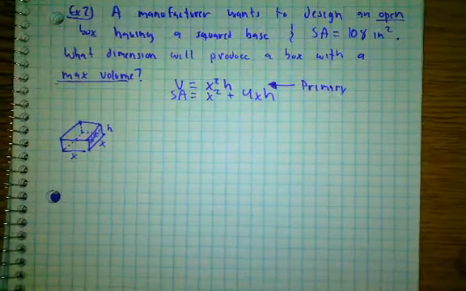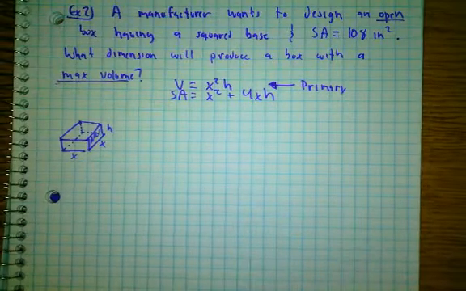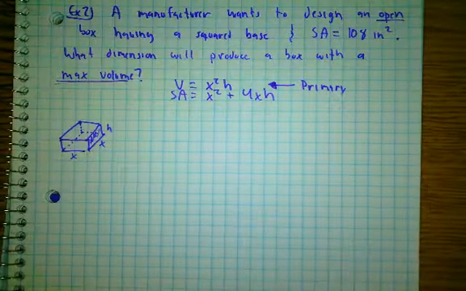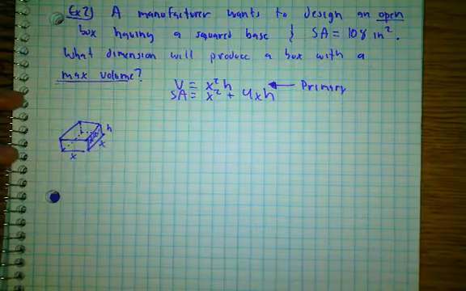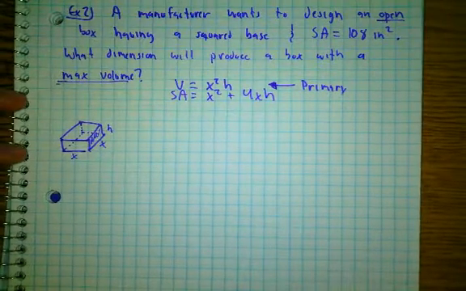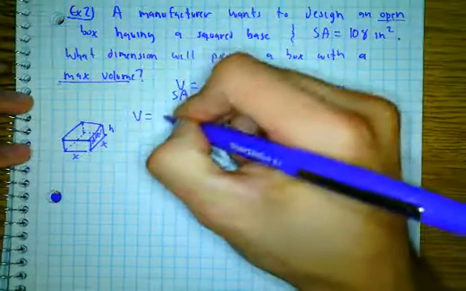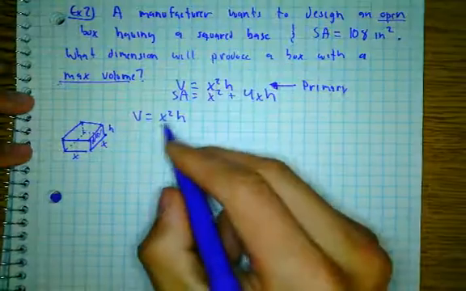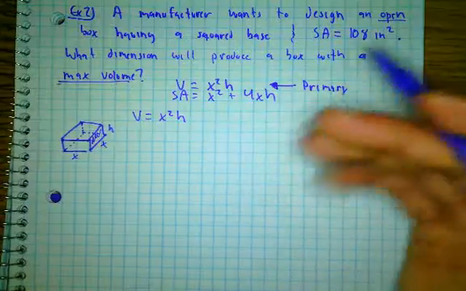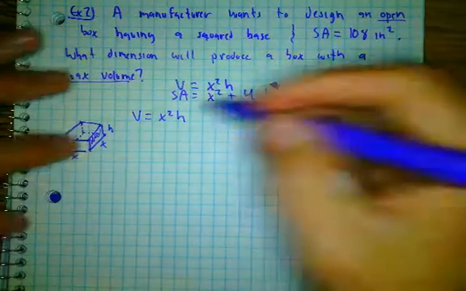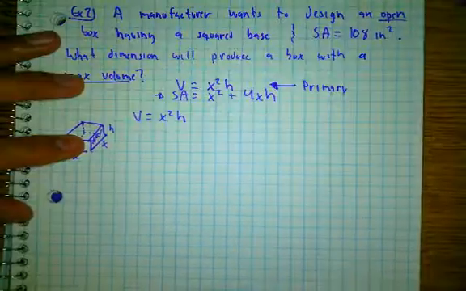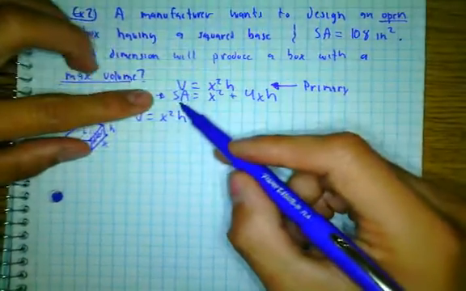So before we even go any further, we know that we have to change this formula from being x squared h to having just x's. Agreed? So we're going to have to use the secondary equation. However, the problem gave you the surface area. So what if instead of saying surface area, we say 108 equals x squared plus 4xh?